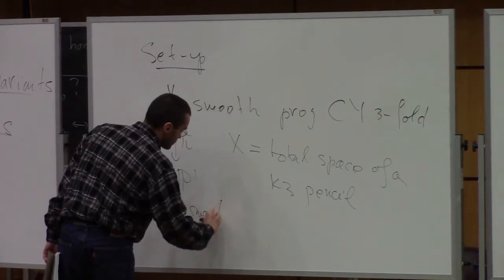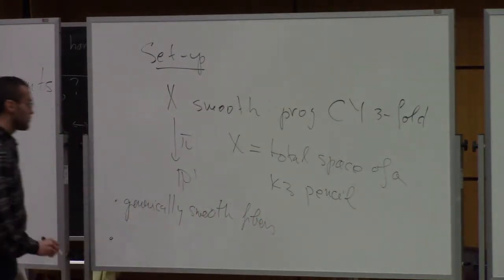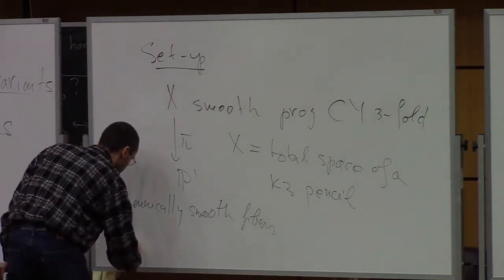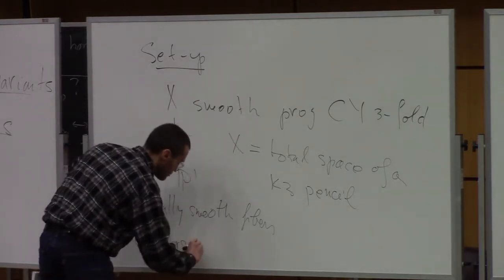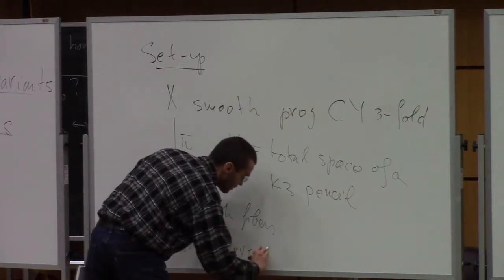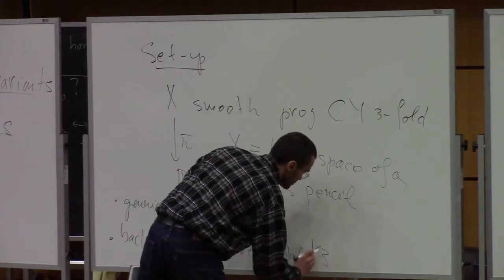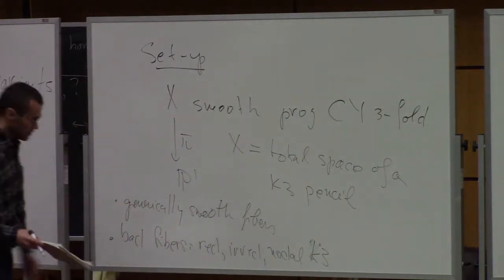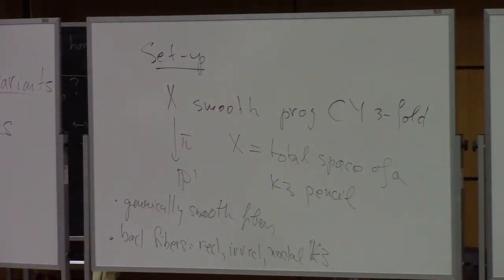I allow, of course, singular fibers, but very controlled singularity. So the bad fibers are going to be only reduced, irreducible, nodal surfaces, by which I mean really simple nodal singularities, sum of x squared equals 0. That's all we allow for now. There might be generalizations down the road, but for now.